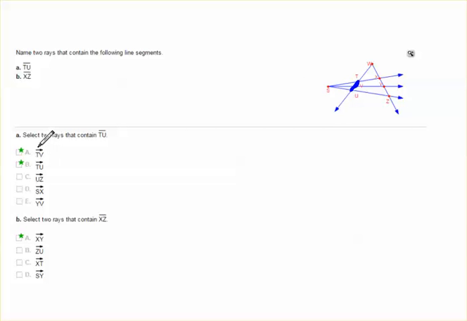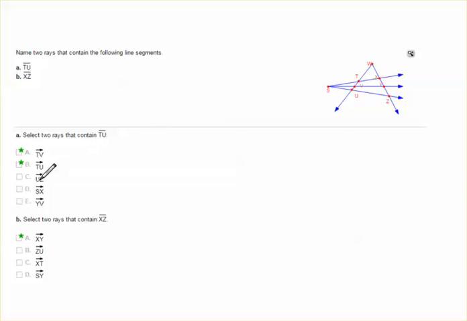They said ray TV is a possibility. Well, because ray TV would start here and go to here, so that would be a ray that would contain TU. We could also call the ray TU itself.